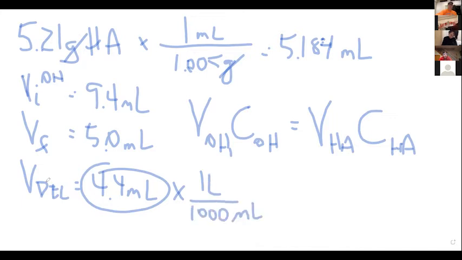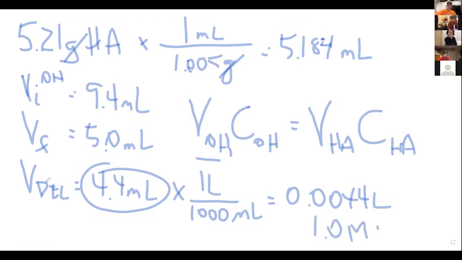There's 1,000 mils in 1 liter, so that's going to be 0.0044 liters. Remember, the concentration is 1.0 molar, or moles per liter.